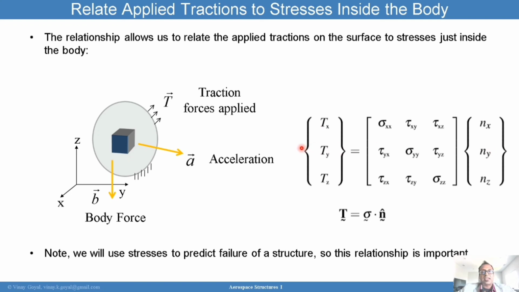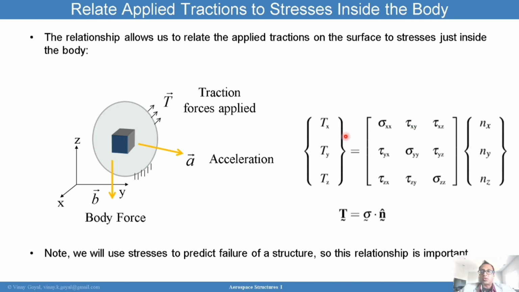Note that the stresses were defined in the Cartesian coordinate system XYZ, and so it is convenient to take that traction, which is applied on a face that may not be aligned with XYZ, and use the normal to define what those stresses will look like, using the so-called Cauchy's relationship as described in our book.